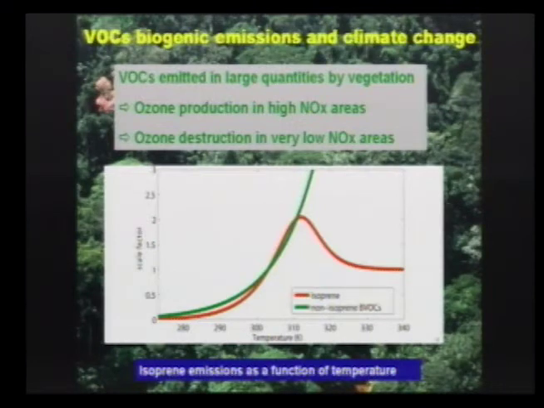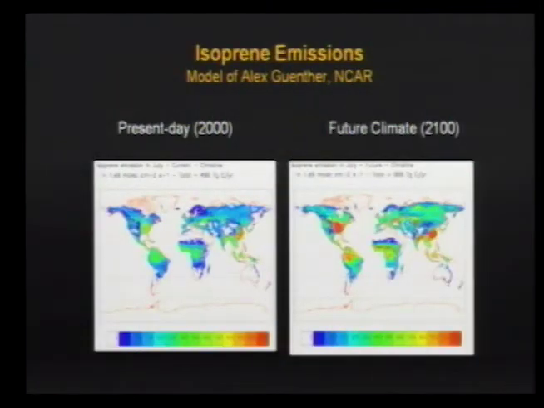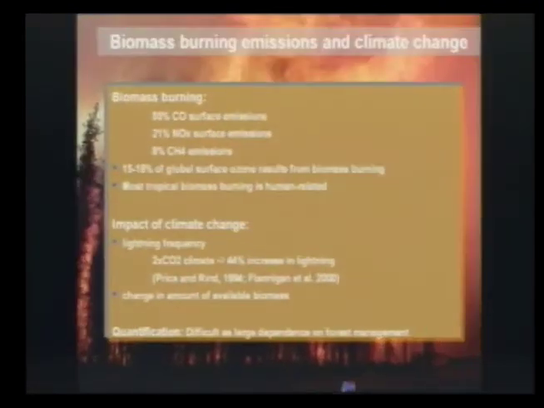And that, of course, is a potential for feedbacks between climate and chemistry. In fact, Alex Günther, who was mentioned earlier, I think by Phil, has established emission inventories for present day and also for future climate. What scenario it is here, I don't remember, but you see pretty large differences, and they could have influence on both aerosols and the ozone concentration.